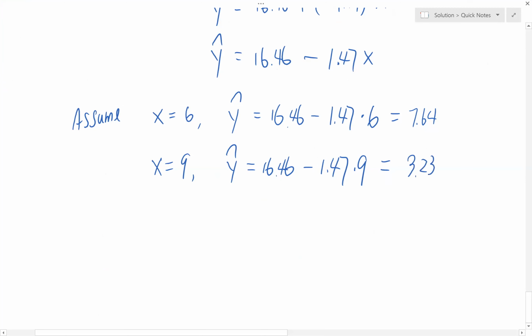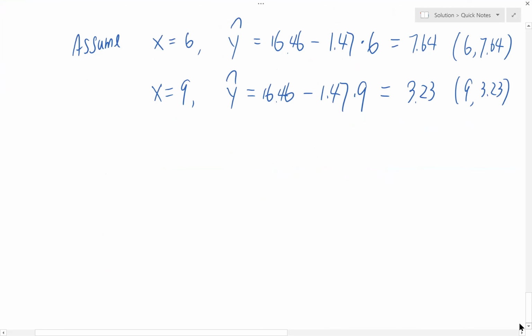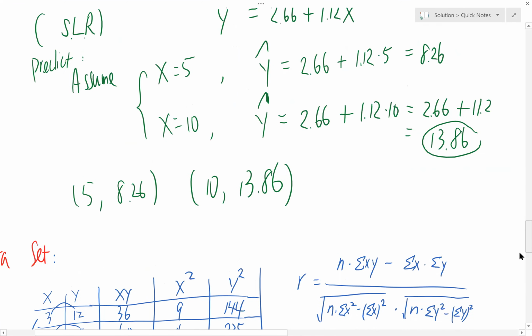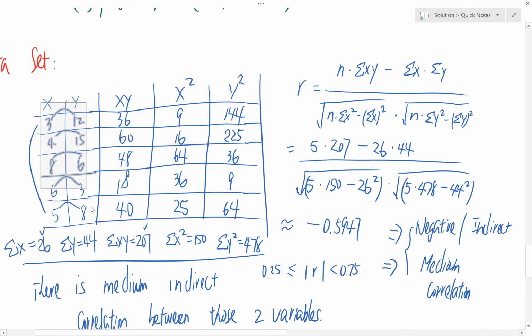Now, if you want to plot this on a scatter plot, we can do that. This time I do it fairly slowly. Now we're gonna create a scatter plot. Let me copy the table really quickly and plot it one more time together with our best fitting line.